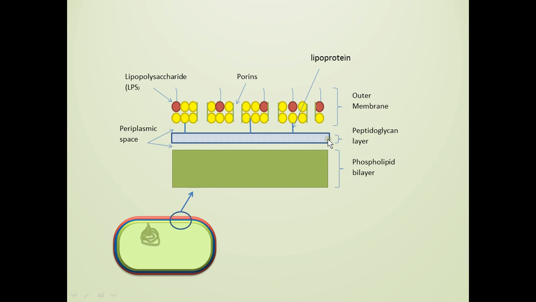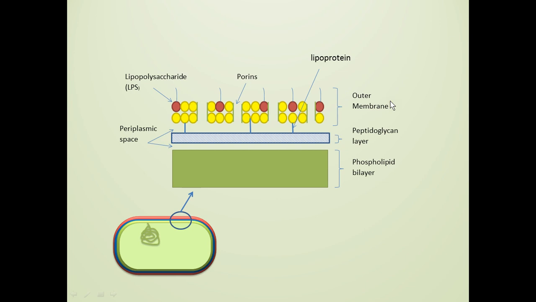Sandwiched between the two is the peptidoglycan layer. The peptidoglycan layer, as you can see, is kind of floating between the two membranes in an area referred to as the periplasmic space. The peptidoglycan layer is anchored to the outer membrane in gram-negative bacteria, and it uses something known as lipoproteins.